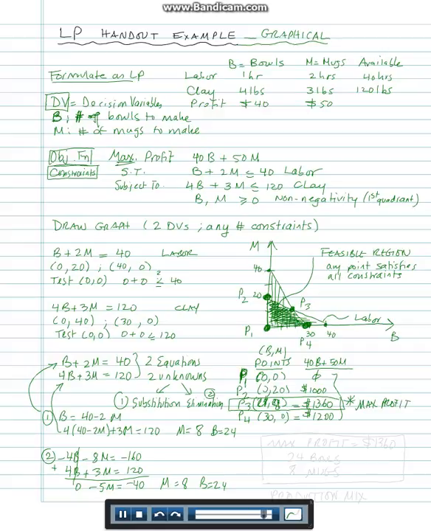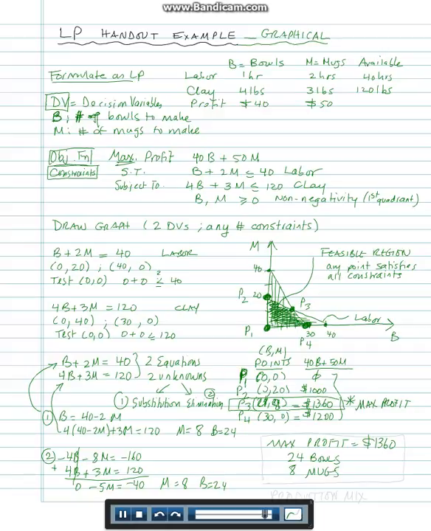And so the maximum profit is 1360, and we get that by making obviously 24 balls and 8 mugs.